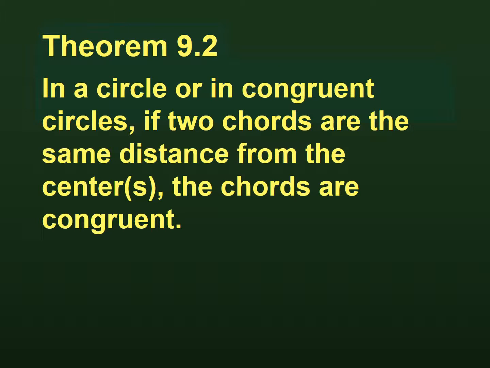So in a circle, here's our next theorem. In a circle or in congruent circles, if two chords are the same distance from the center, then the chords are congruent. So what that is saying is that if you have two different chords and they're the same distance away from the center, then the length of those chords are also the same.